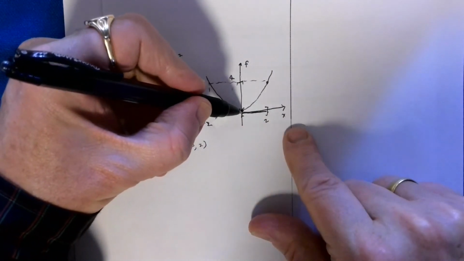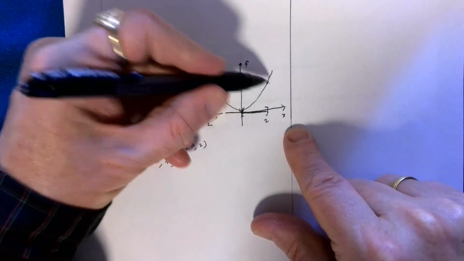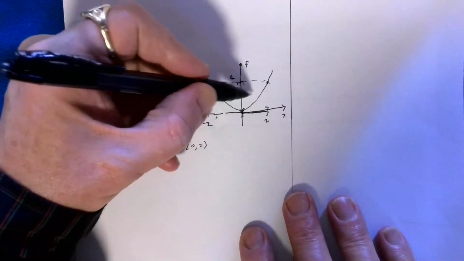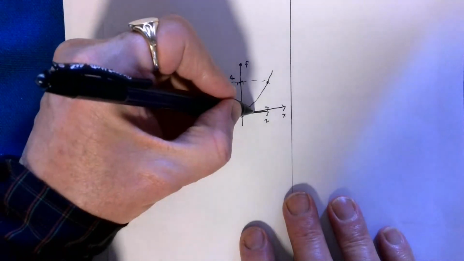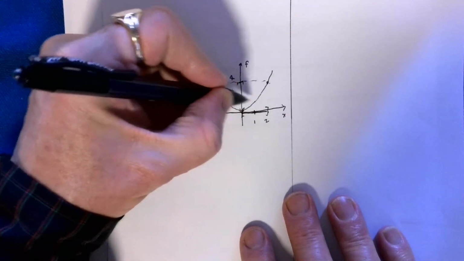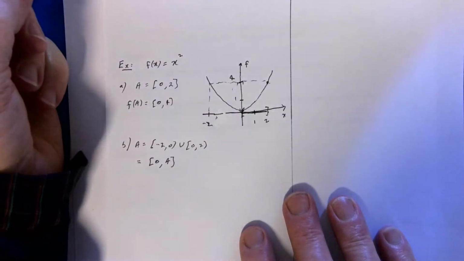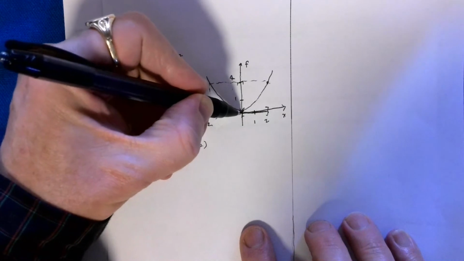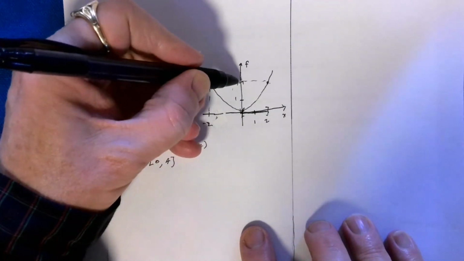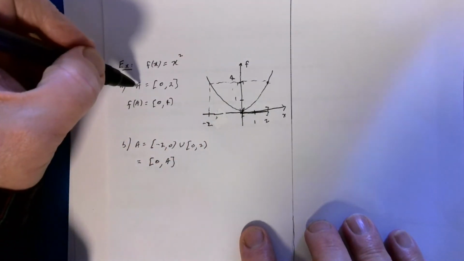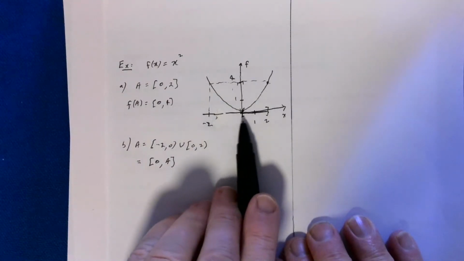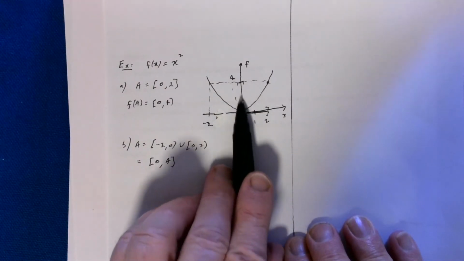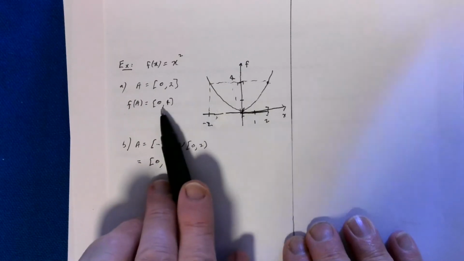Well, 0 squared is 0. 2 squared is going to land me up here at 4. And all of these numbers in between will correspond to numbers here. So, for example, if I take 1, that's going to map across to 1. And you can see that all the numbers in here are going to get mapped to all the numbers in here. That is, f(A), f of this closed interval, is equal to this closed interval, [0, 4].